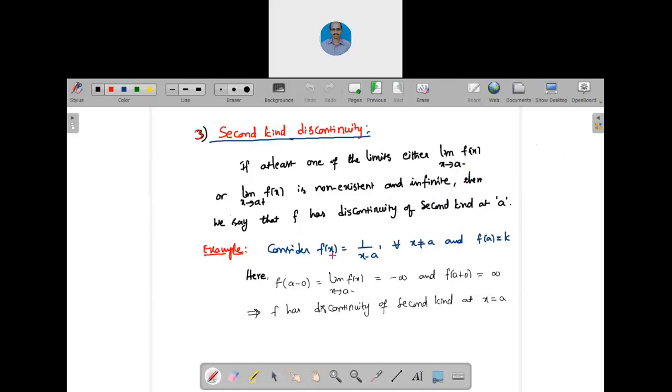We consider one example: f(x) = 1 by (x minus a) for all x not equal to a, and f(a) = k. Here the left side limit of f at a is minus infinity. Why?